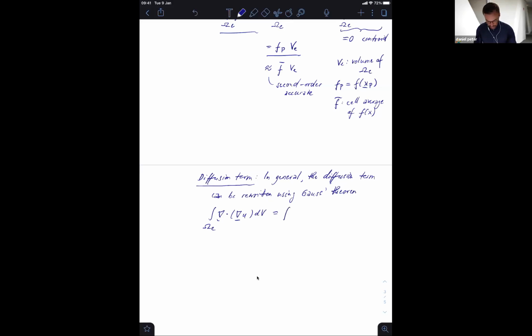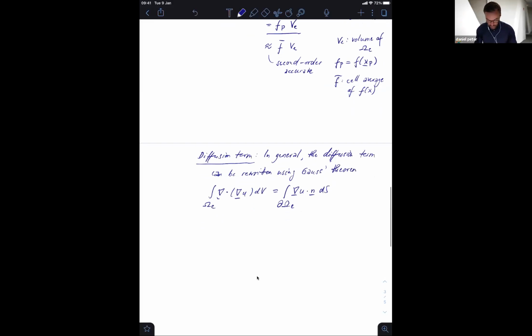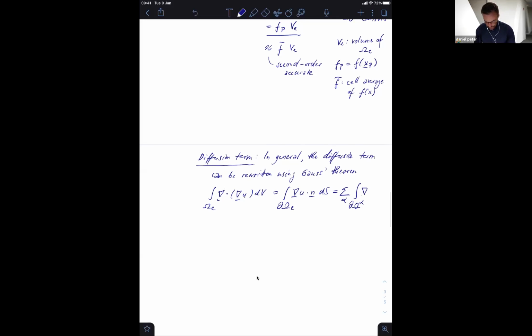Now you see with Gauss theorem, this becomes the integral over the surface of the grid cell, using the gradient of u times the normal at the surface, integrated over each surface, which becomes for each surface alpha the integral over just that alpha surface of grad u dotted with the normal of that surface times dS.